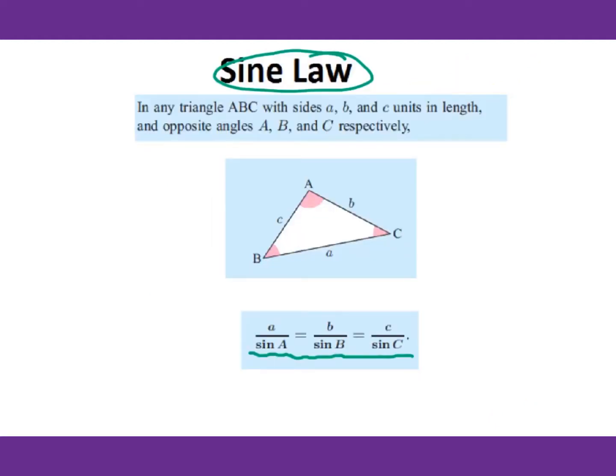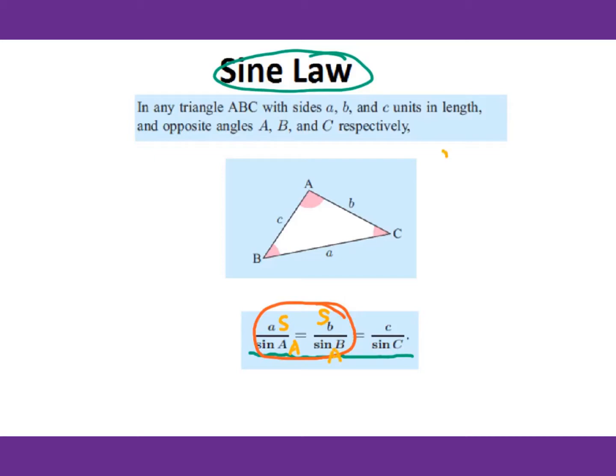From this sine law, we can figure out in what situation we are supposed to use sine law to solve. Look at these two. Lowercase a stands for the side. This capital A means angle. b is a side, and capital B means angle.